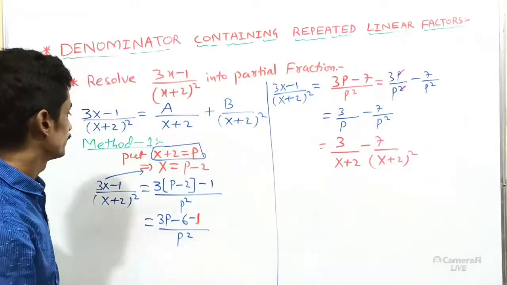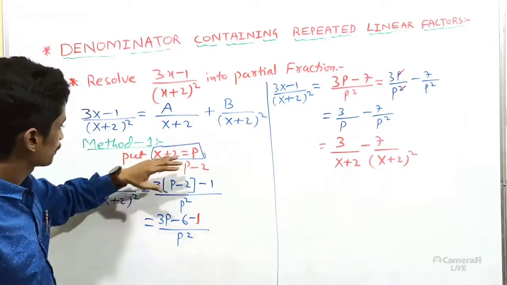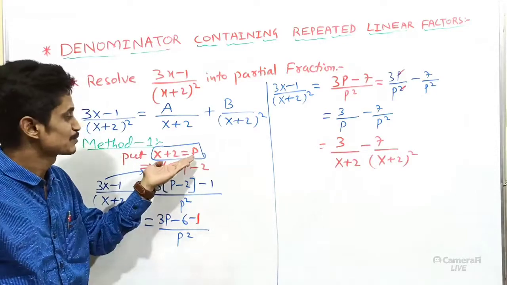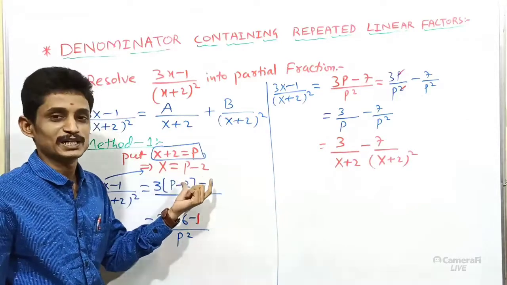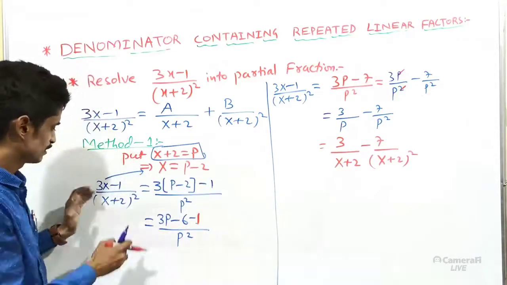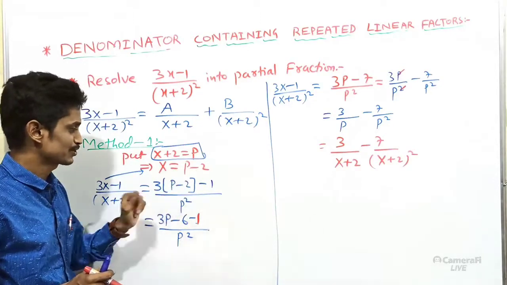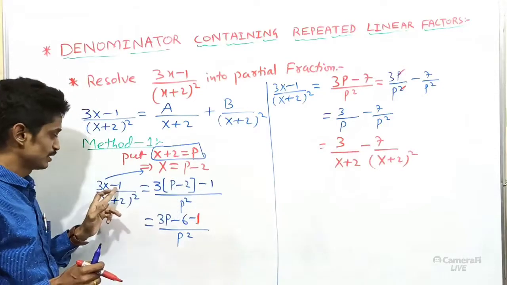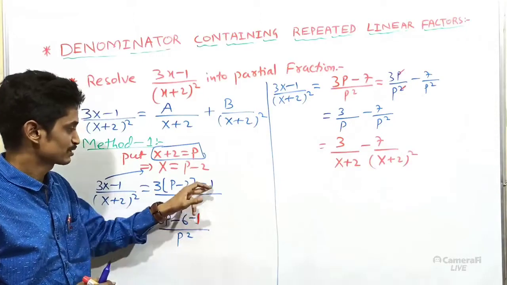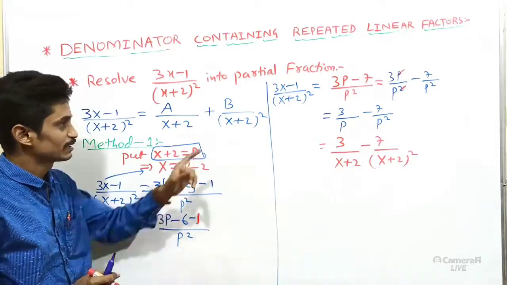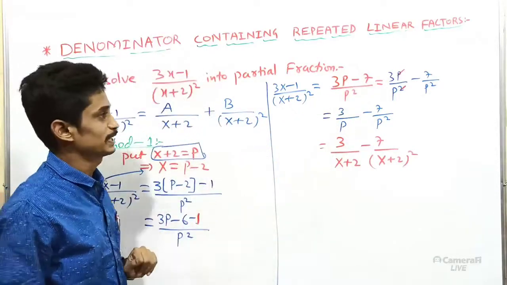So very simple. Just focus on the denominator. Replace the denominator by some variable as you wish. I am choosing p, so x plus 2 equal to p, then the value of x is p minus 2. In the place of x, I take the value p minus 2, so 3 times (p minus 2), and the remaining minus 1 I keep as it is. So 3p minus 6 minus 1 becomes 3p minus 7 divided by p square.